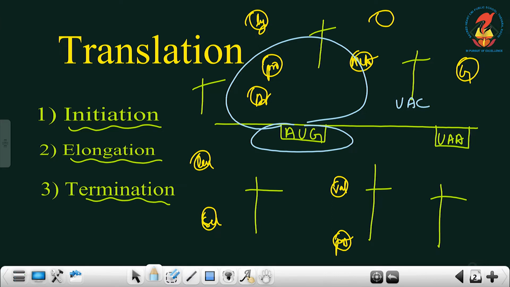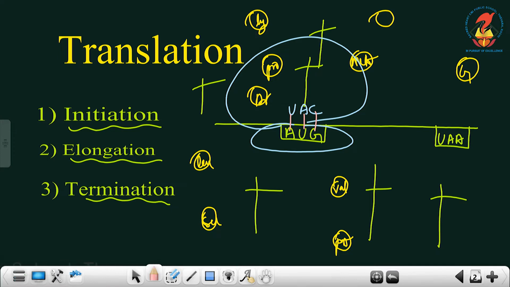This tRNA is called the initiator tRNA. This initiator tRNA binds with the amino acid methionine. See, with methionine. And this complex comes and binds here. Okay. And then there is the codon anticodon base pairing. Okay. This forms the initiation complex. This is how initiation starts in translation.